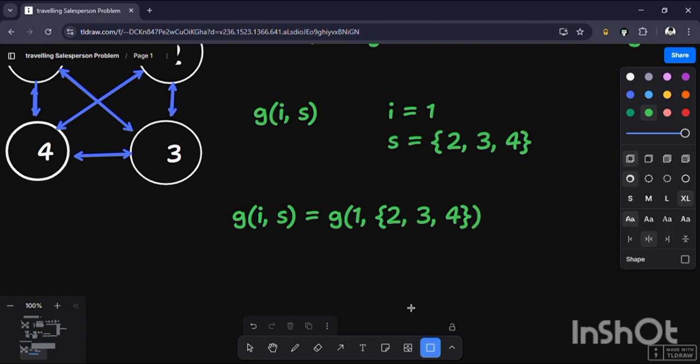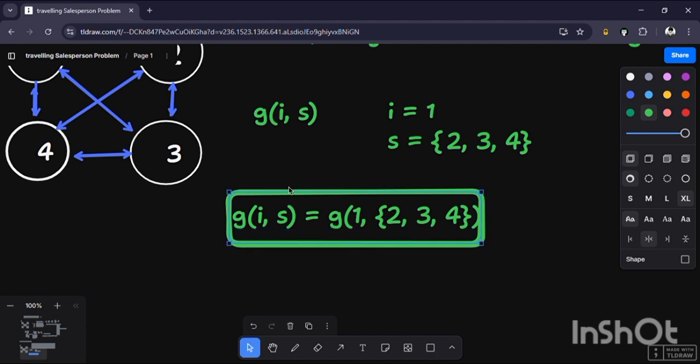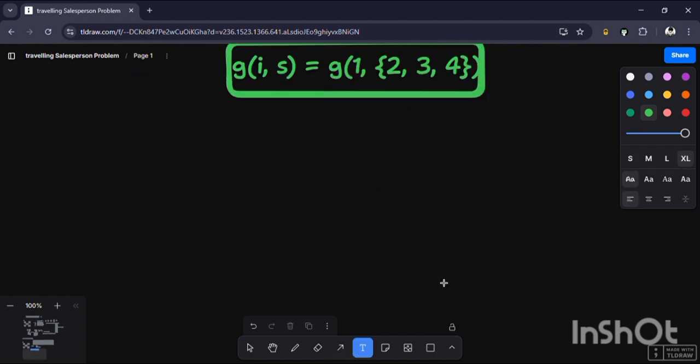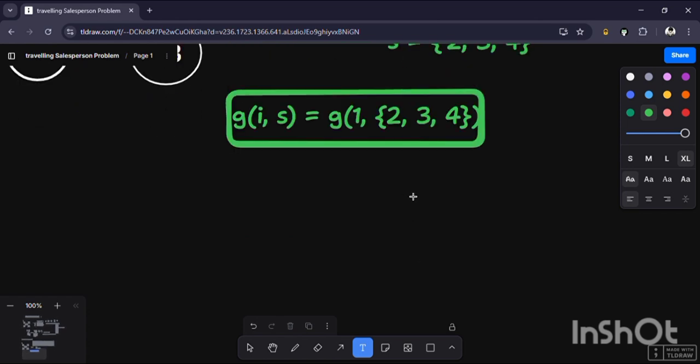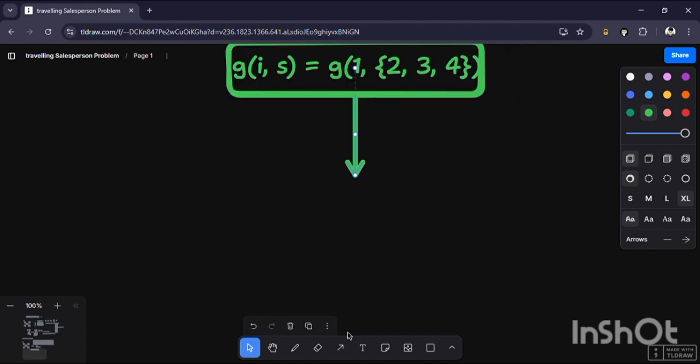This is what I have to calculate. If I calculate this one, it will give me my minimum value and the path also. So how can we calculate this? Let me expand this. What will be the value of G of 1, {2, 3, 4}? The value of G of 1, let me write here.